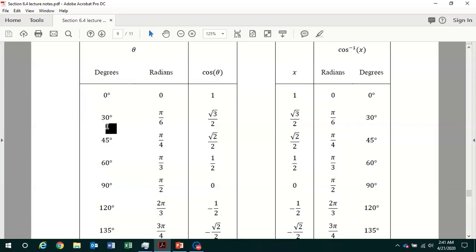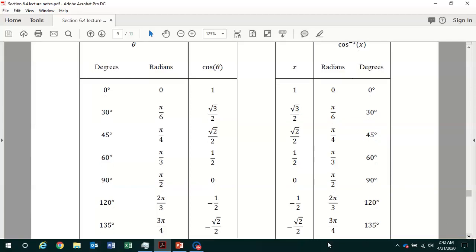We know 30 degrees is the same as pi over 6 radians, and so the cosine of 30 degrees is equal to the cosine of pi over 6 radians, which is equal to the square root of 3 over 2. Consequently, the inverse cosine of square root of 3 over 2 is equal to the angle pi over 6 radians, which is the same as 30 degrees.